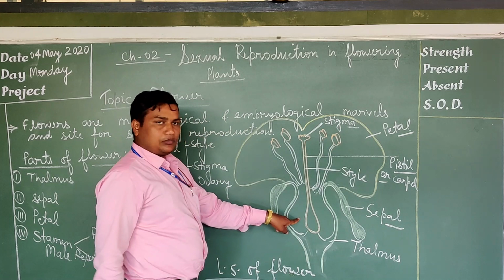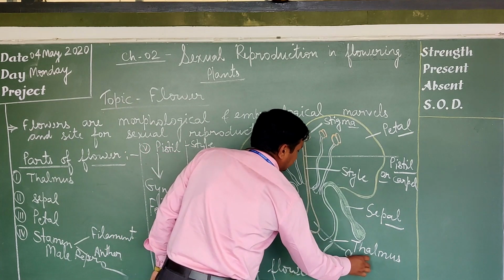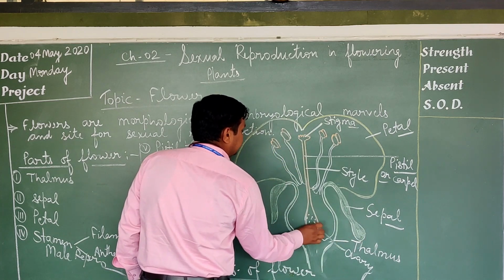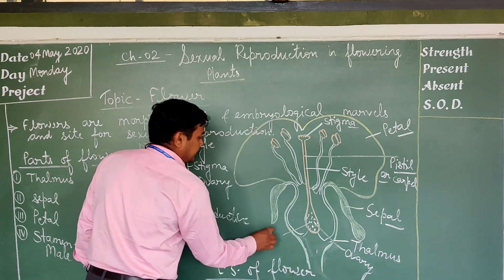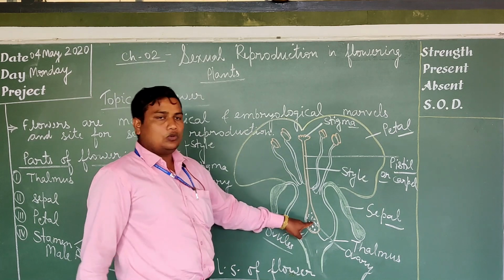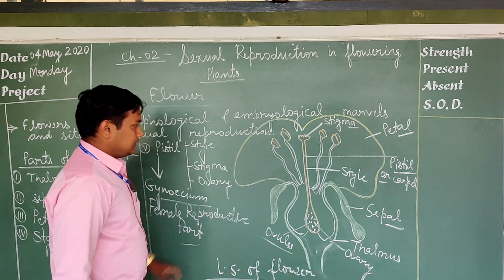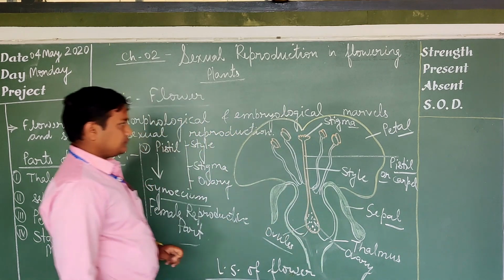And the lower portion of the pistil is known as the ovary. The ovary contains ovules. After fertilization, ovules change into seed. So this is the longitudinal section of the flower.